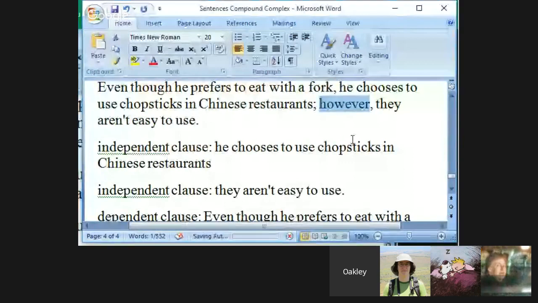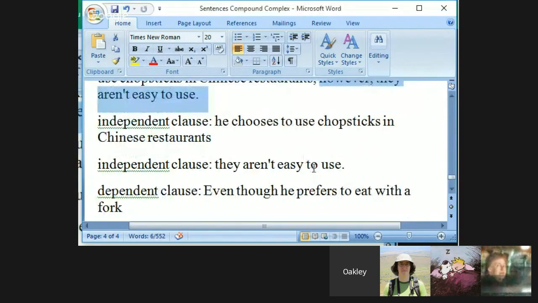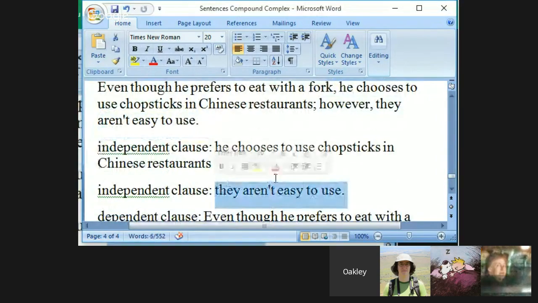Hang on. Put that back up there. We've also got this linking word, however. Sometimes we use adverbs as linking words, things like honestly, frankly, consequently, astonishingly. Notice how that has a comma after the linking word, but this is again an independent clause: they aren't easy to use.